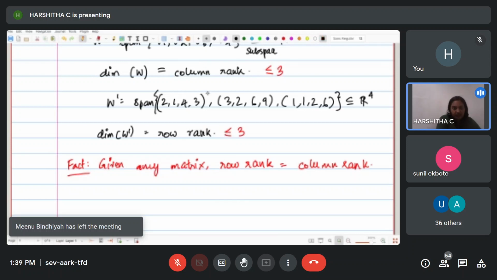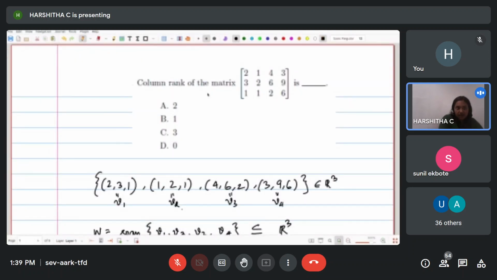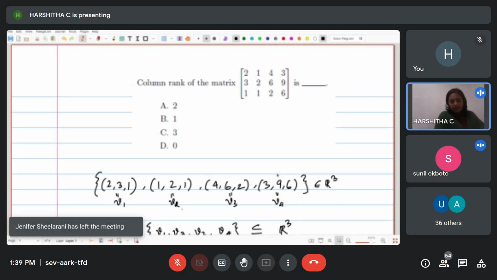So if you have to find the column rank of this matrix, you can either find the row rank or the column rank. Let's just do the column itself. What we'll do is convert it into a certain form.